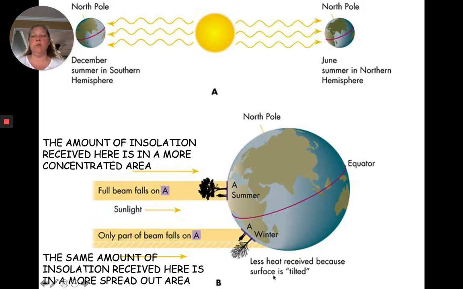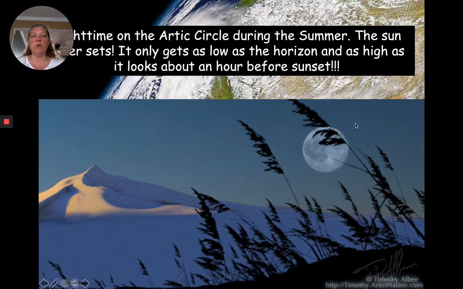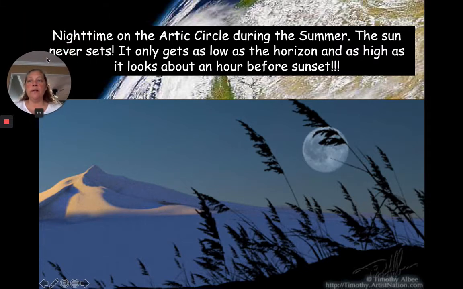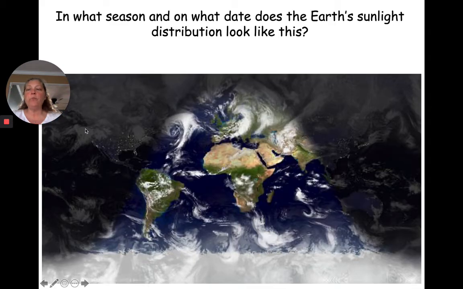It does not have the intensity of the insolation. Everywhere above the Arctic Circle, 24 hours of daylight. Here's nighttime on the Arctic Circle during the summer. So that intensity of insolation just isn't there. Even though they have the duration going for them, they don't have that directness.